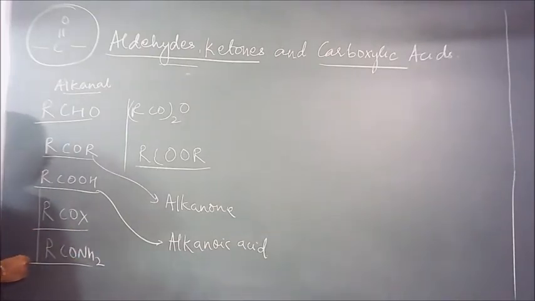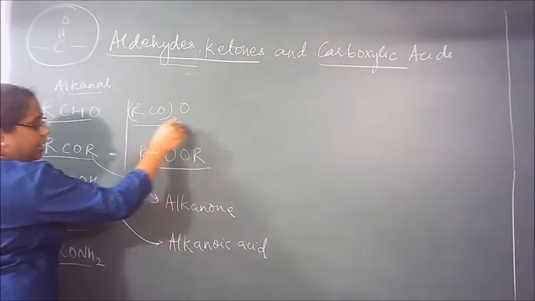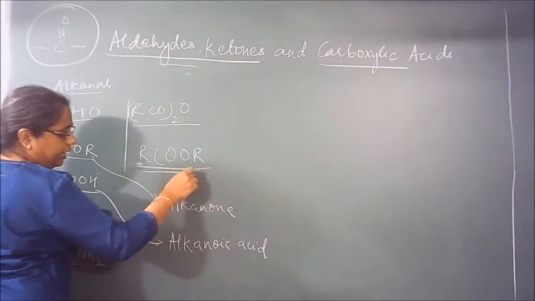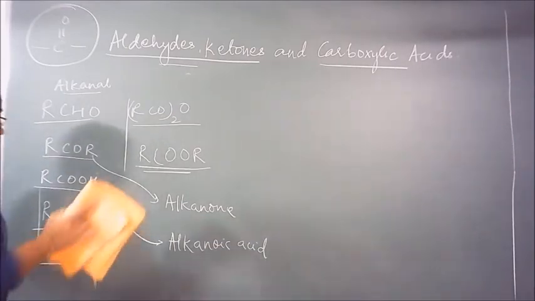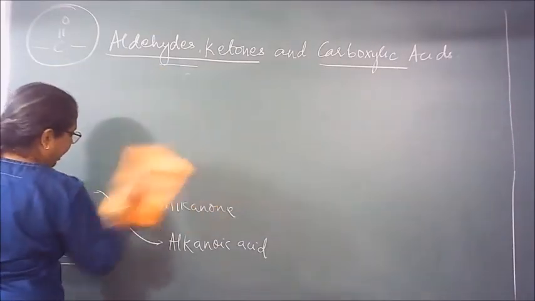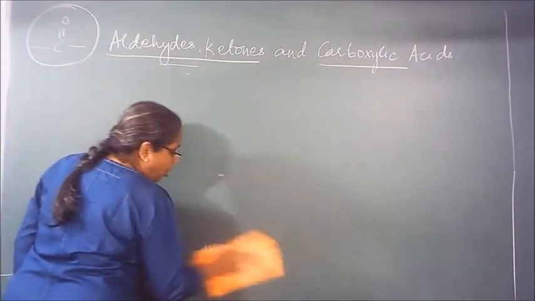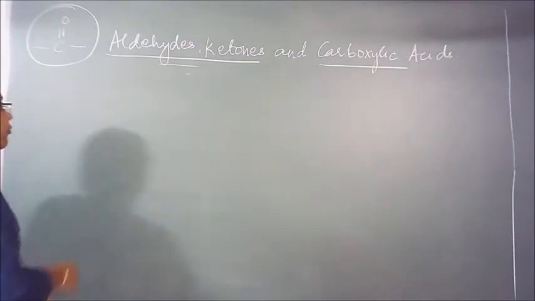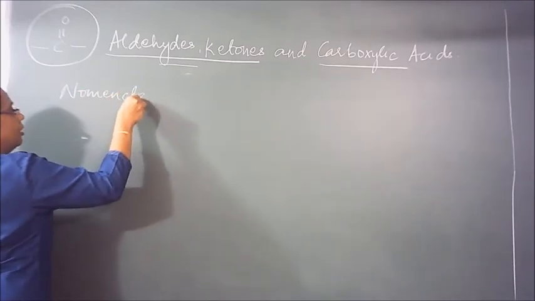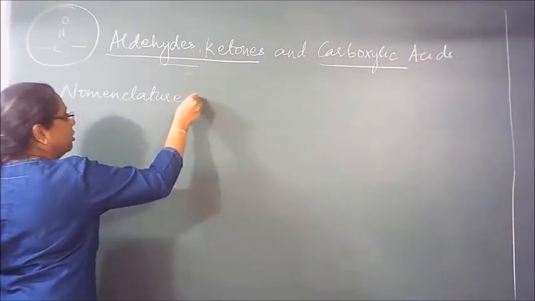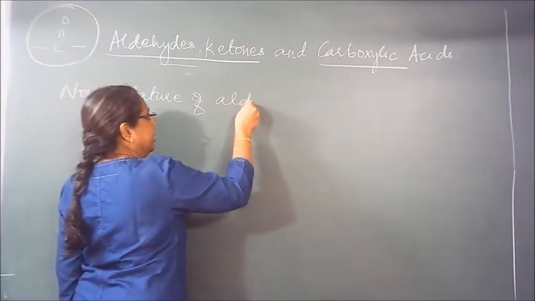Then alkanoyl halide, acid amide or alkanamide, acid anhydride, and alkyl alkanoate. This naming has to be very clear. Okay? Now let us write naming of aldehydes or nomenclature of aldehydes.